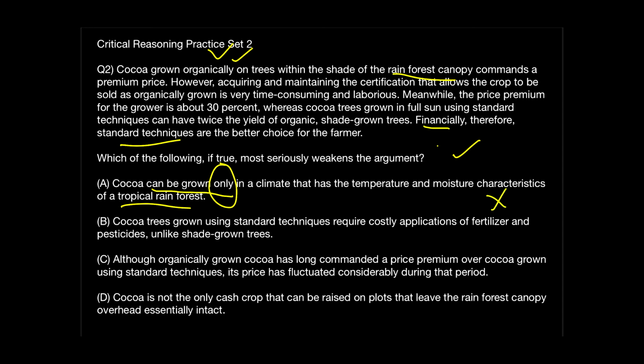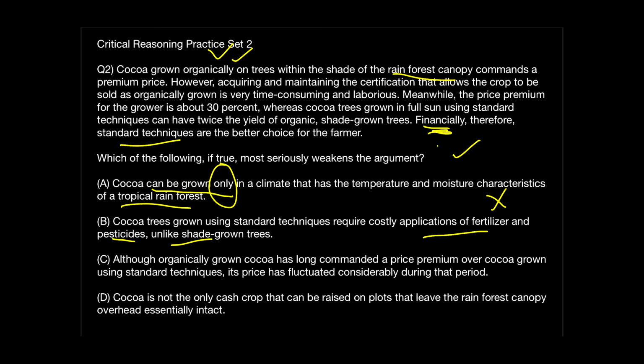Now moving to option B: cocoa trees grown using standard techniques require costly application of fertilizers and pesticides, unlike the shade grown trees. Now here's a point which is weakening the point of the author, who was saying that standard technique is better financially. This is also a point to be highlighted.